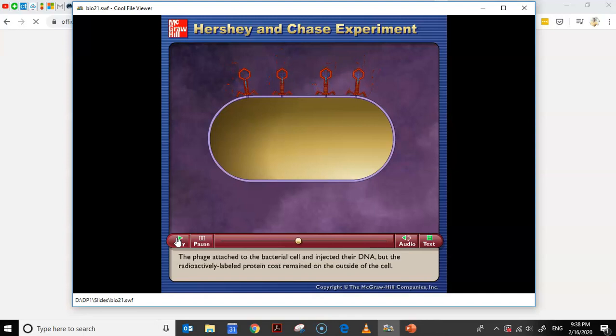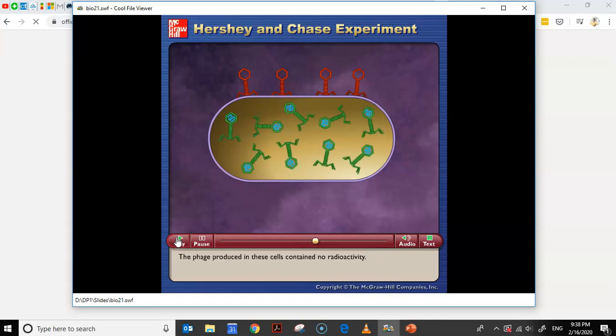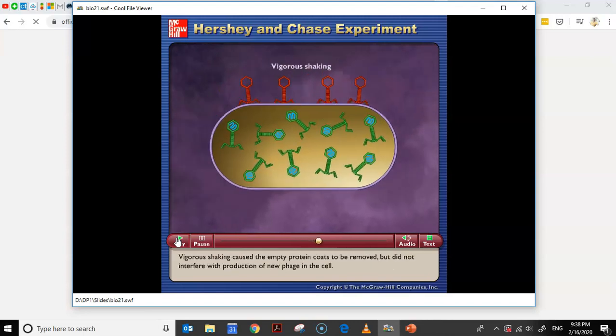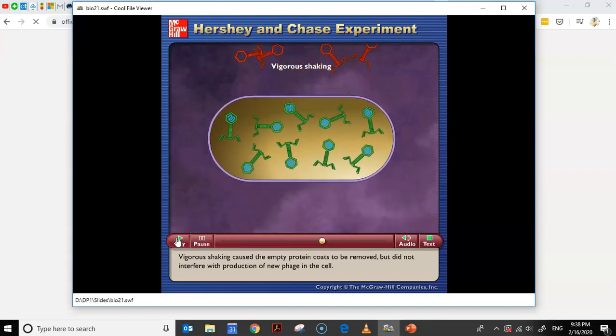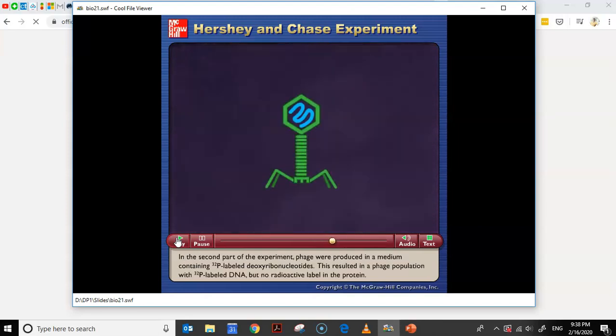The phage were then allowed to infect the bacteria. The phage attached to the bacterial cell and injected their DNA, but the radioactively labeled protein coat remained on the outside of the cell. The phage produced in these cells contained no radioactivity, Vigorous shaking caused the empty protein coats to be removed, but did not interfere with production of new phage in the cell. In the second part of the experiment, phage were produced in a medium containing p32 labeled deoxyribonucleotides.